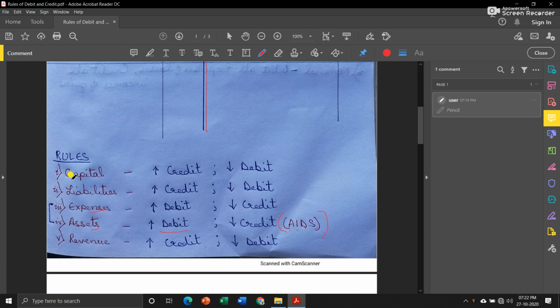And the remaining 3 accounts, capital, liabilities and revenue, are opposite of these two: if they increase, they will be recorded on the credit side, and if the amount decreases, it will be recorded on the debit side. These are the main basic rules of debit and credit, and they will be used in every stage of accounting. So it is highly recommended that you learn these rules by heart.